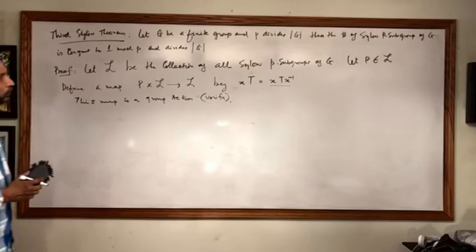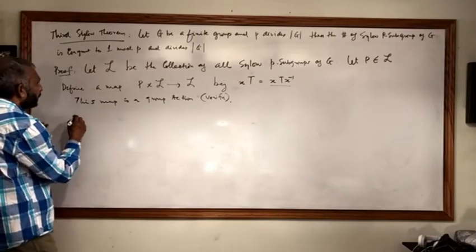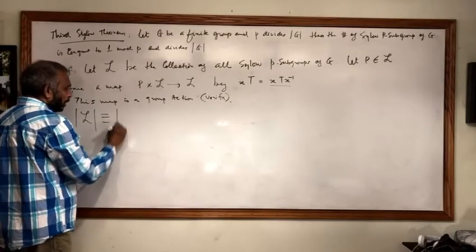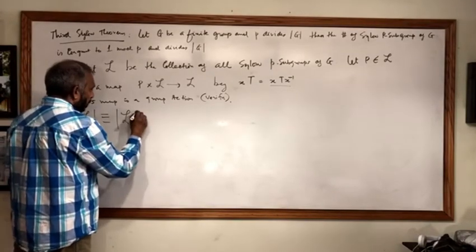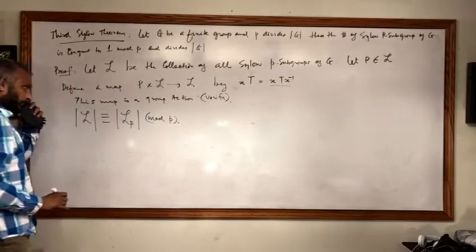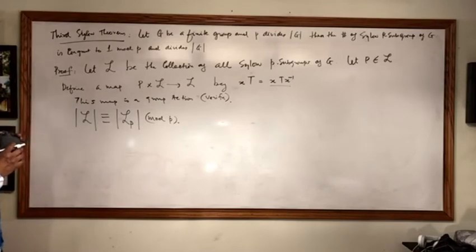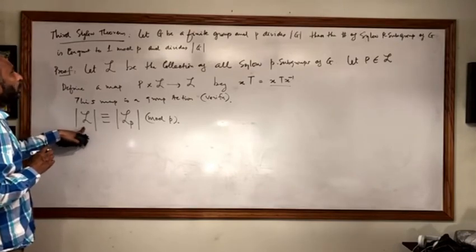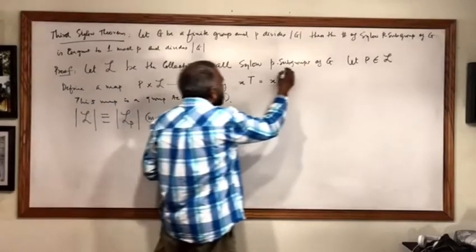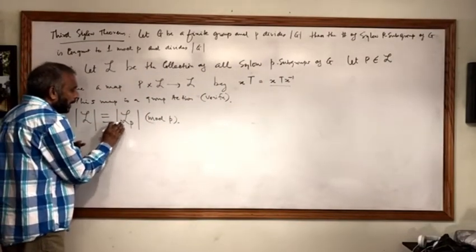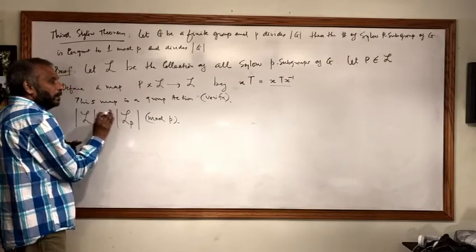Now we can say that the size of L is congruent to the size of L_P mod P. What is in L? L contains all the Sylow P subgroups. So if you can prove that L_P contains only one element, we are done.